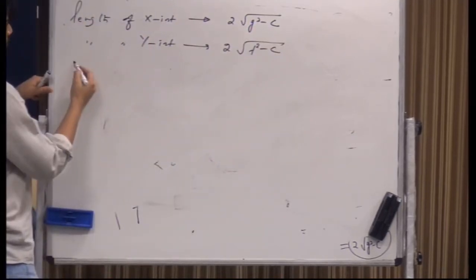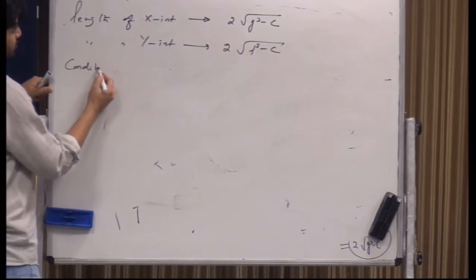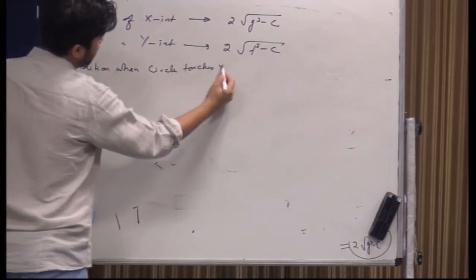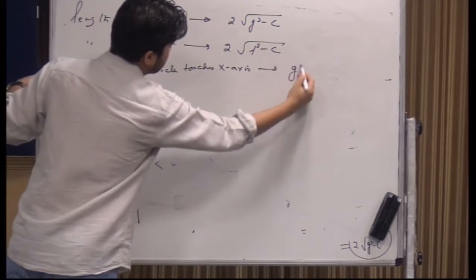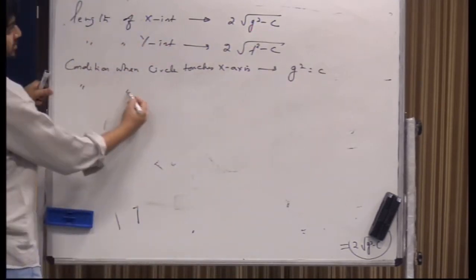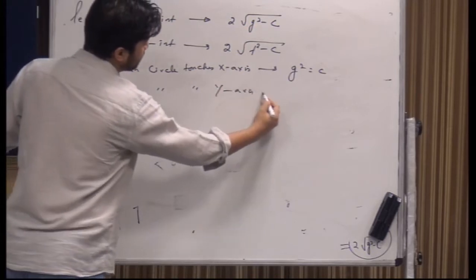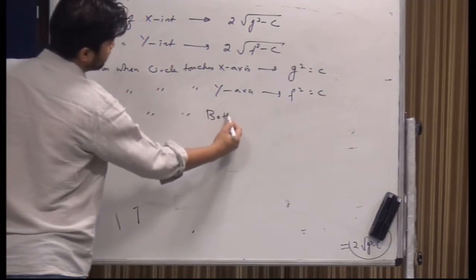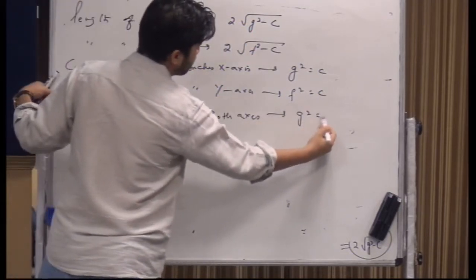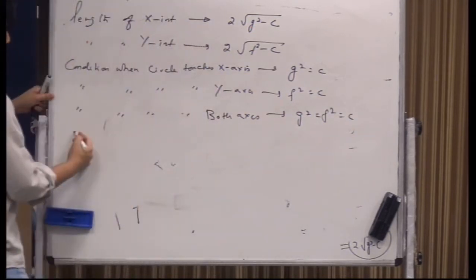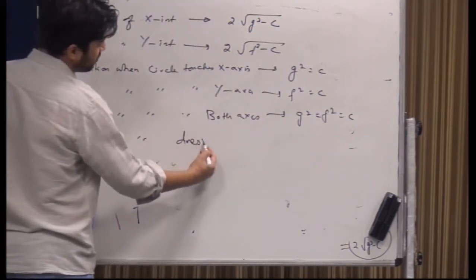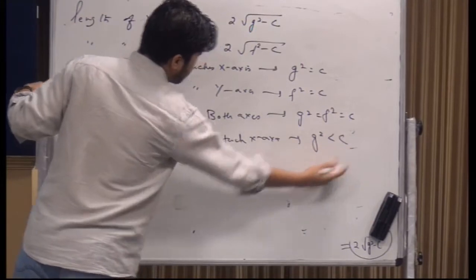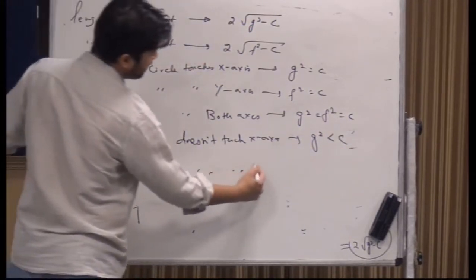Then you have the condition when the circle touches the x-axis, the condition when the circle touches the y-axis, the condition when the circle touches both axes, the condition when the circle does not touch the x-axis, and the condition when the circle does not touch the y-axis.